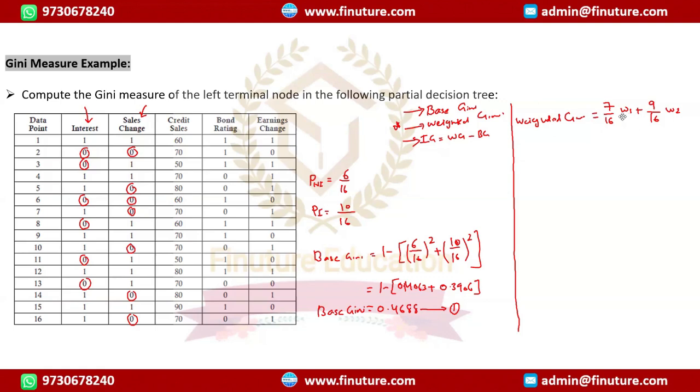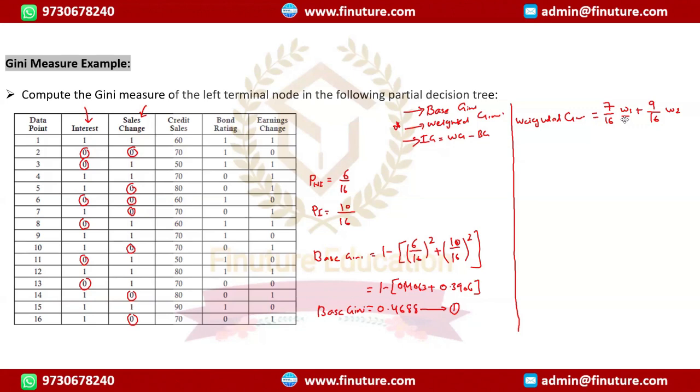Assume, be very attentive to what I'm saying, that instead of 16 data points you have these 7 data points, the circled ones. For the circled ones, when there was no sales change, was there an interest obligation? Are you following? Now what I'll count is where there was no sales change and no interest obligation.